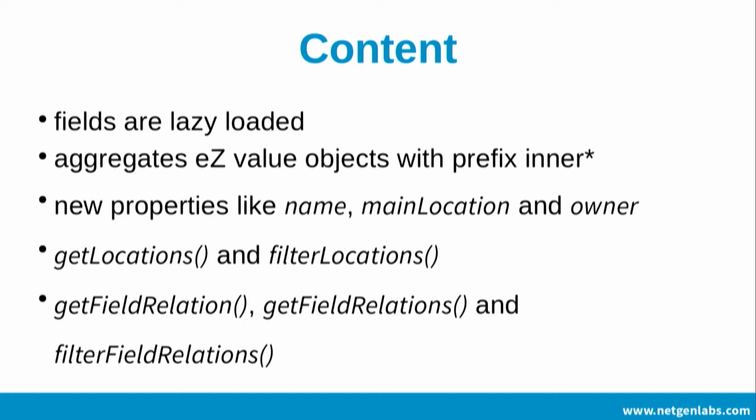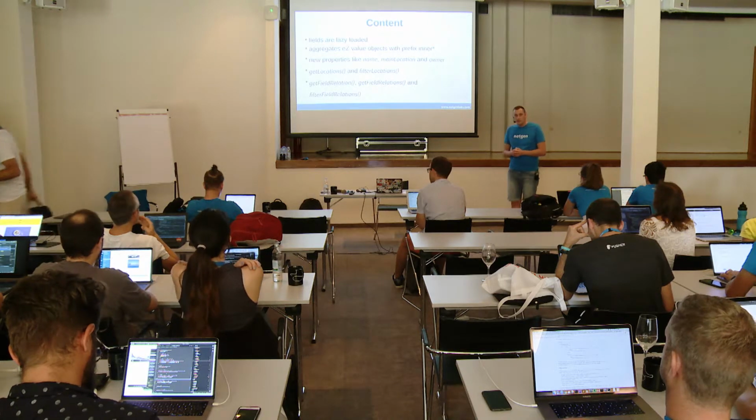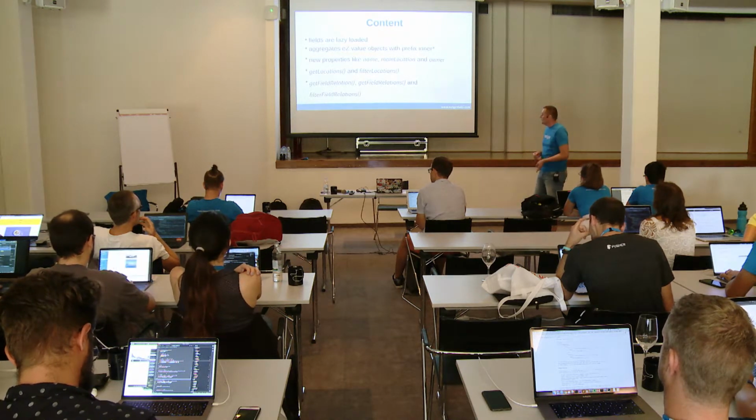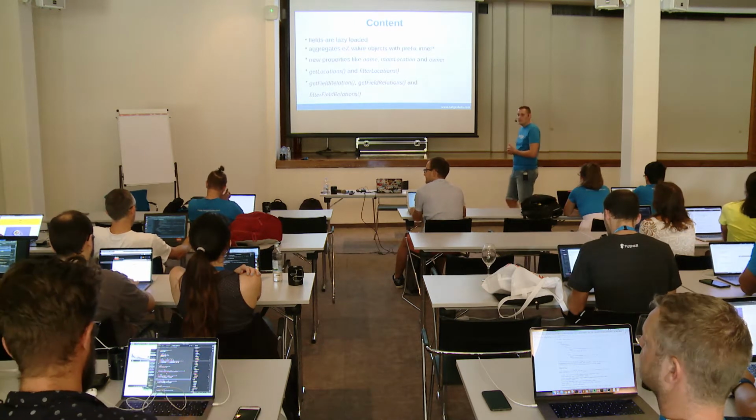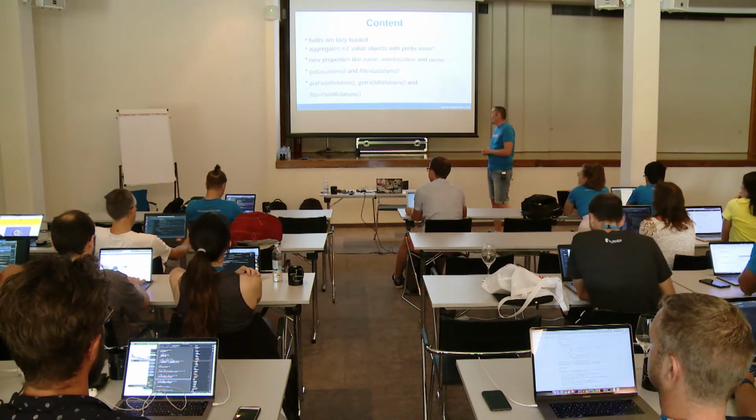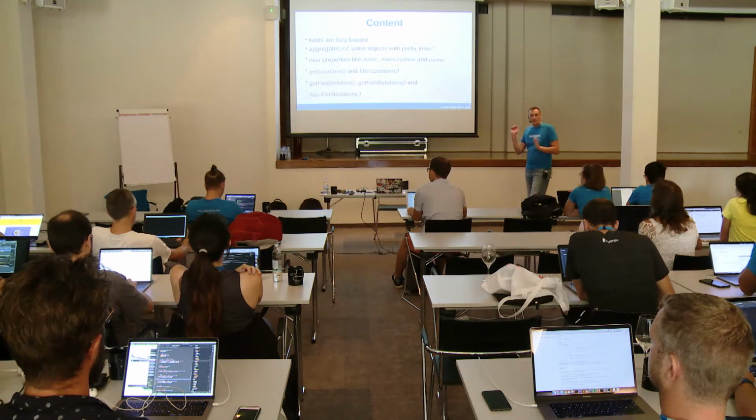But we also added new properties, like name. To get the name of the content, you needed to use the eZ Twig function ez_content_name, content, comma, field definition identifier, to get the translated content name. Now in the template, you just enter content.name, that's it.